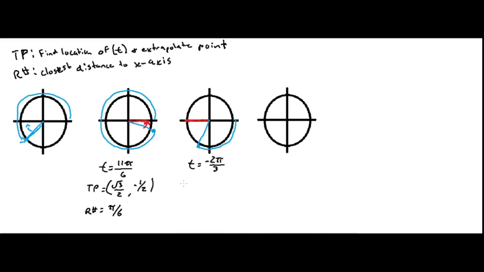So our terminal point will be equal to negative 1/2, comma negative square root 3 over 2, and our reference number will be equal to pi over 3.